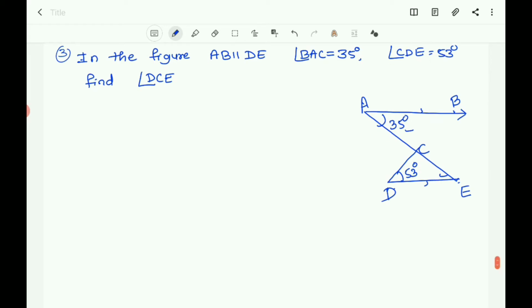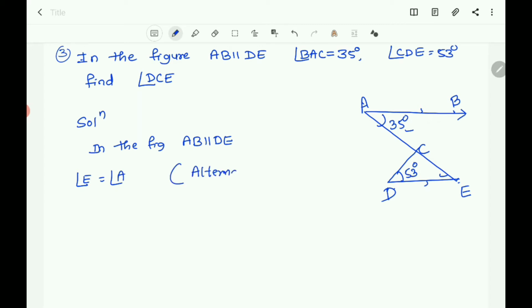So, you have the solution here. In the figure, what is given? AB is parallel to DE. So, here angle E must be equal to angle A. Reason: they are alternate angles.